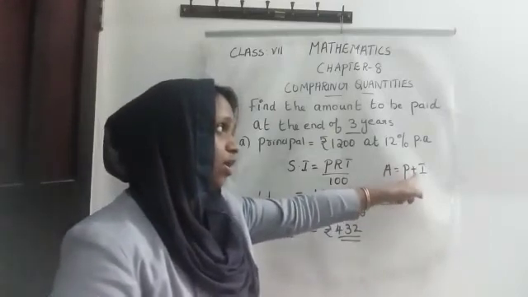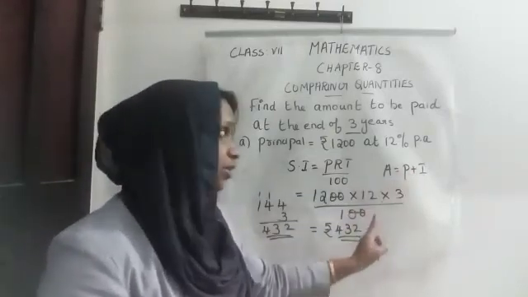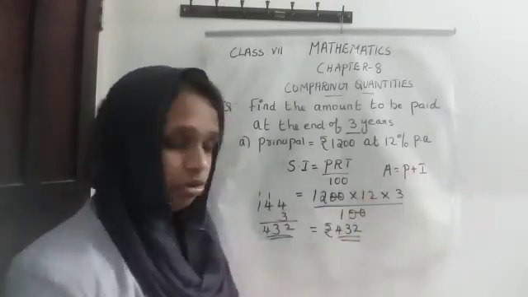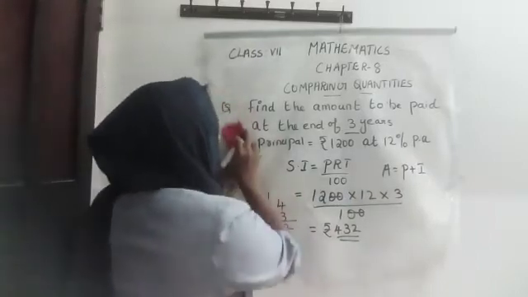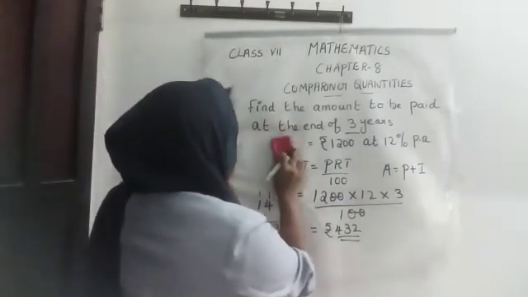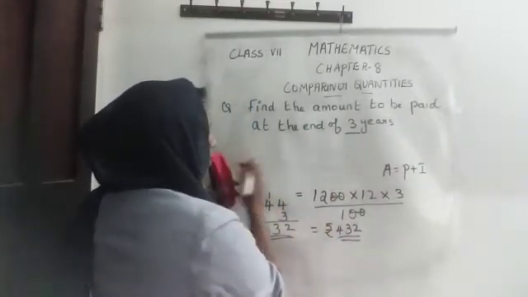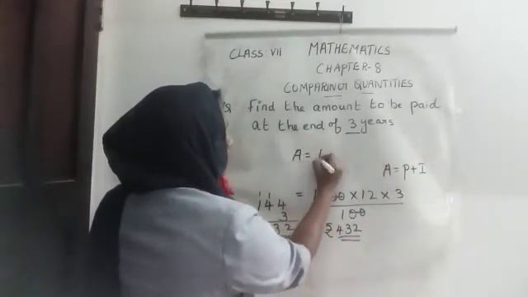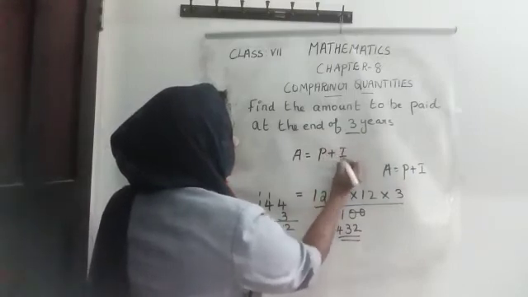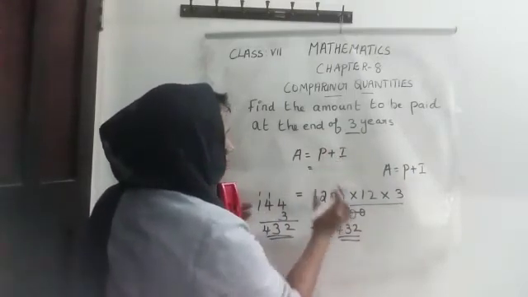What is our formula? This is our interest, 432. So amount is equal to, yes, it is P plus I. Amount we can calculate. A is equal to P plus I. What is P here?